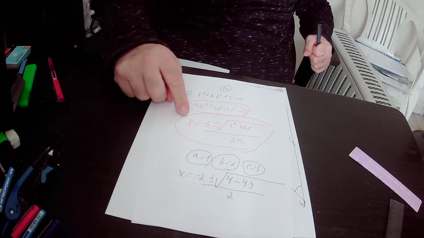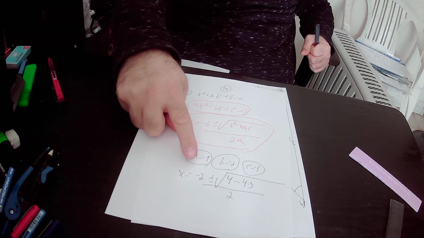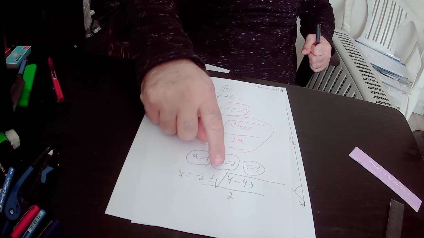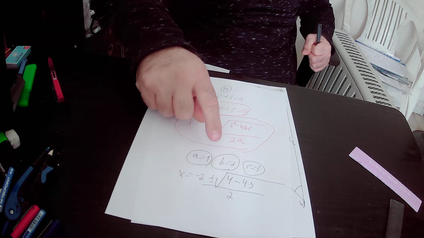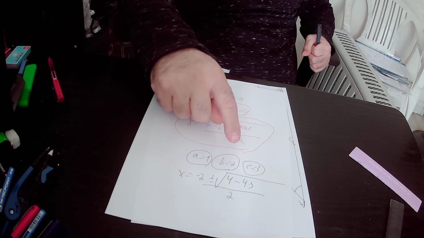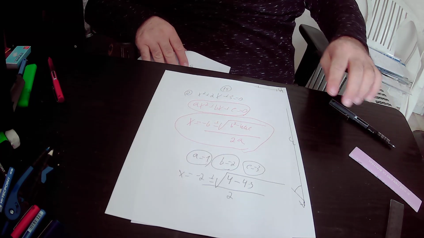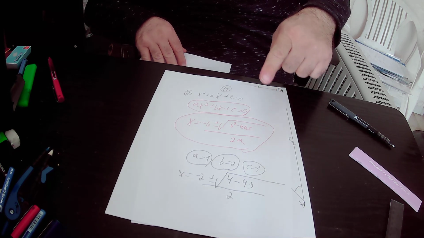We found that x equals minus b, b is 2, so minus 2, plus minus the root of b squared, b is 2, so b squared is 4, minus 4ac, which is 4 times 1 times 3, or 4 times 3 is 12, over 2a, which is 2 times 1, which is 2.